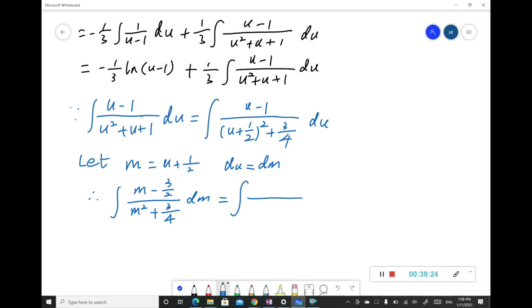We can simplify it. It will become 4m minus 6 over 4m squared plus 3. Numerator and denominator will be multiplied by 4 at the same time.